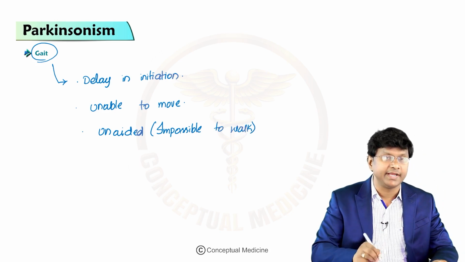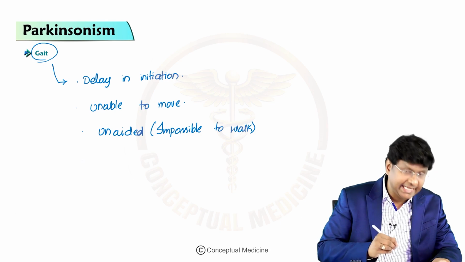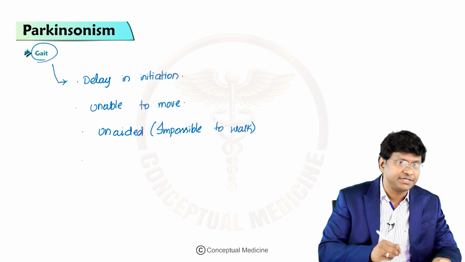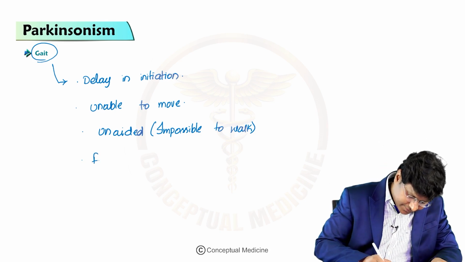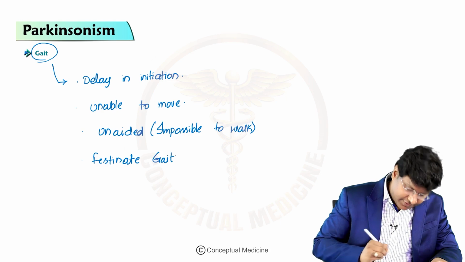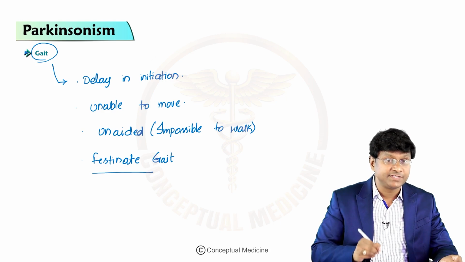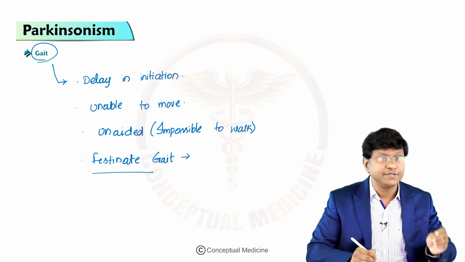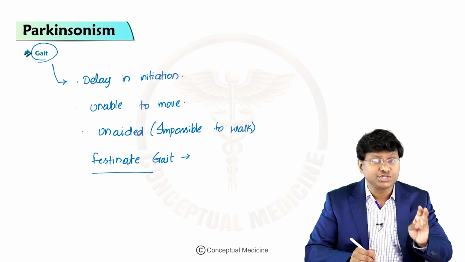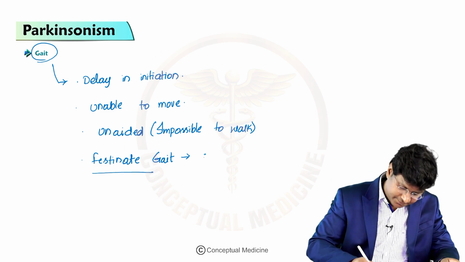And the characteristic gait that you will have in patients with Parkinsonism is the festinate gait, where the individual will have short shuffling steps.